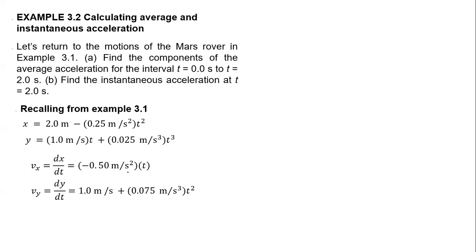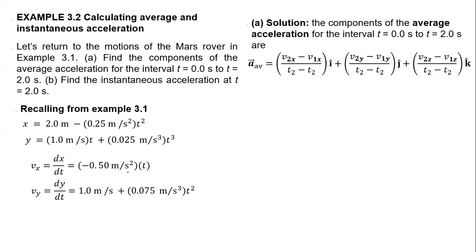This is our result. To get the components of the average acceleration, this is the formula of our average acceleration, so this must be 1. Since there's no z component, this one will be 0, so we're left with this.